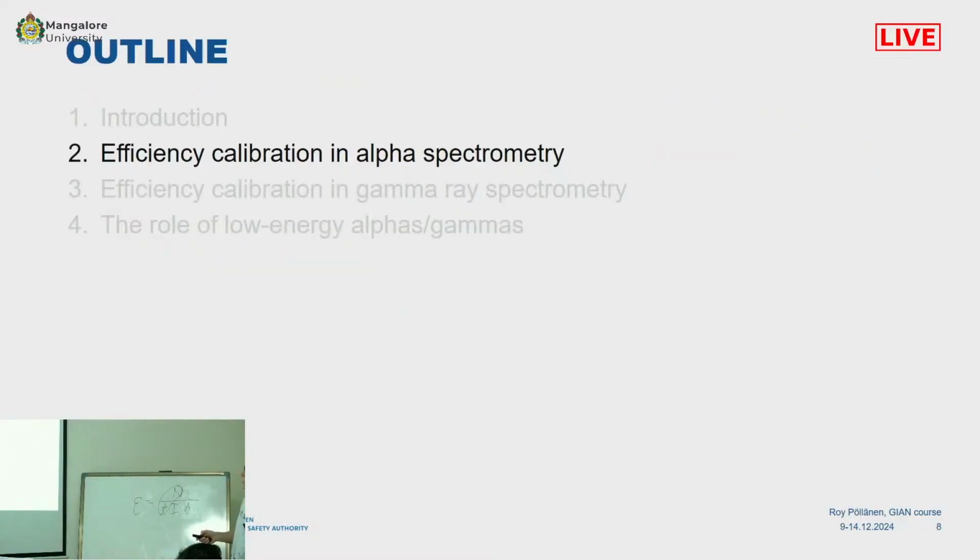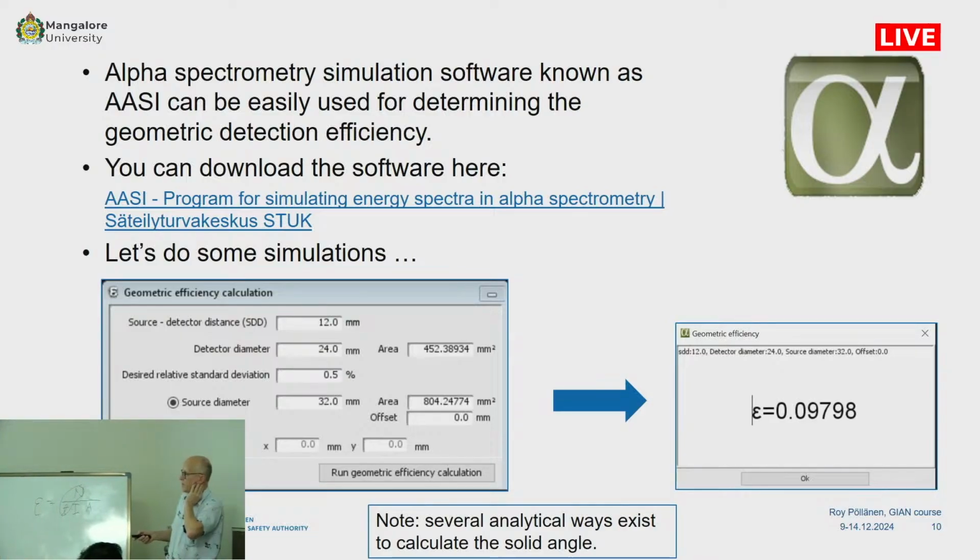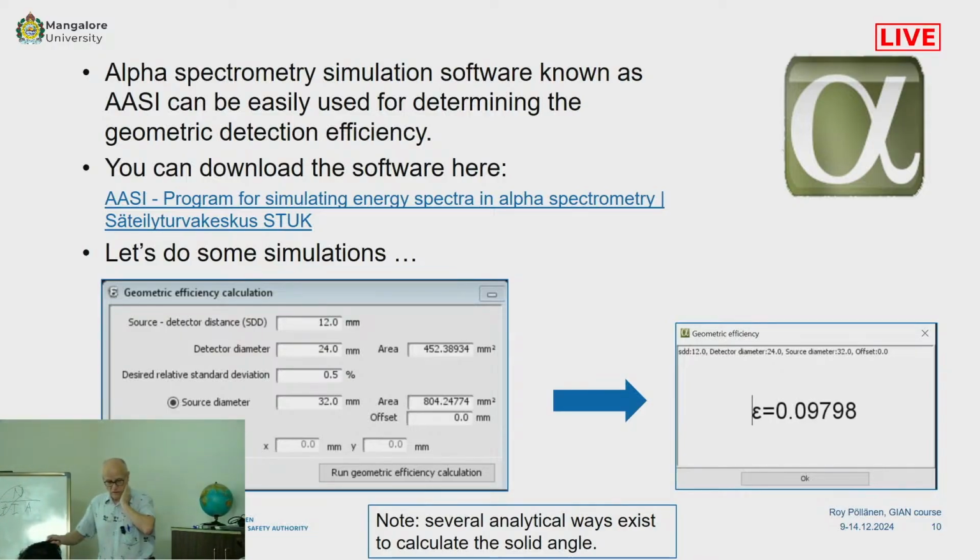So where are we now? We are here. So please note that there are several analytical ways to calculate this geometric efficiency, but I can guarantee that this is the easiest way to do the calculation, definitely. And this is correct, this number that you get out.